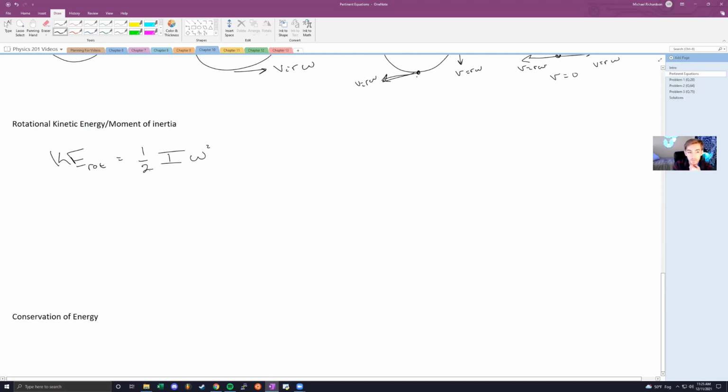Okay. So we have not defined moment of inertia up until this point in the semester. What our moment of inertia is, in at least an equation sense, is the sum of all the individual point masses of an object. Let's call it a cylinder for the time being, or a large, thin rod.